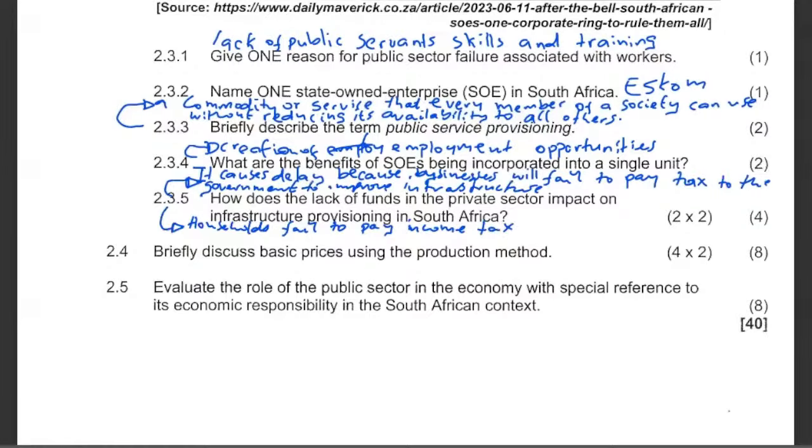Households fail to pay income tax. Then the government will struggle to improve infrastructure.